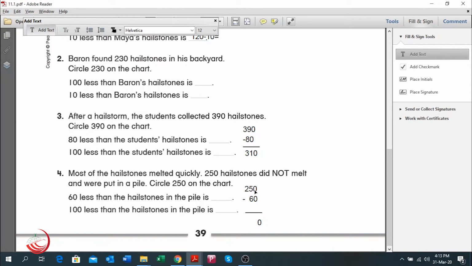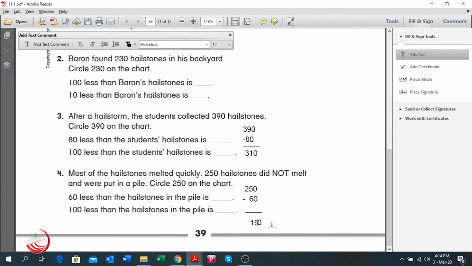So I have to take from the digit next to it. So 25 minus 6. 25 minus 6 equals 19. Like that. So the answer is 190. 250 minus 60 equals 190. Here, 100 less than the hailstones in the pile is, you have to subtract. So 250 minus 100 equals what?